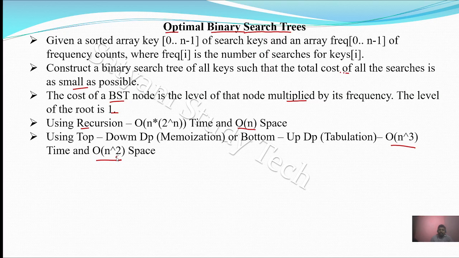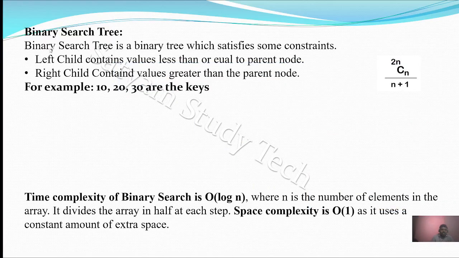So first, what is a binary search tree? Let's discuss it now. A binary search tree is a binary tree which satisfies some constraints. The left child contains values less than or equal to the parent node, and the right child contains values greater than the parent node.